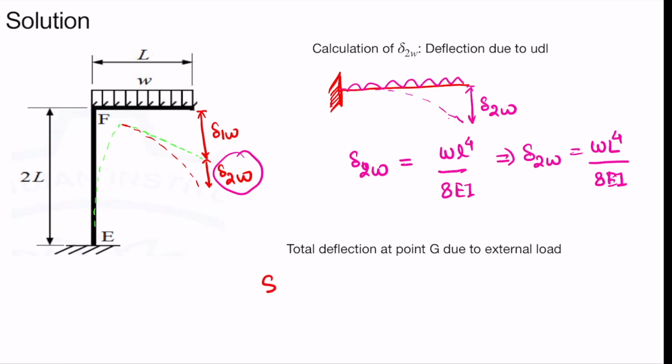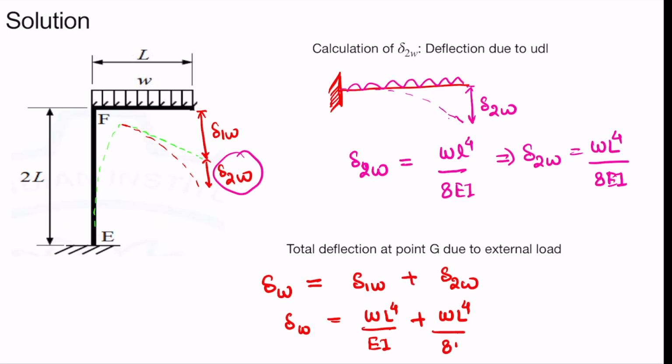So total deflection at point G due to external load will be delta 1 W plus delta 2 W. The value of delta 1 W is WL 4 by EI, and delta 2 W is WL 4 by 8 EI. Hence the final value of delta W will be 9 by 8 WL 4 by EI.